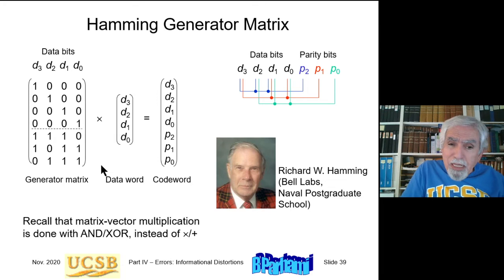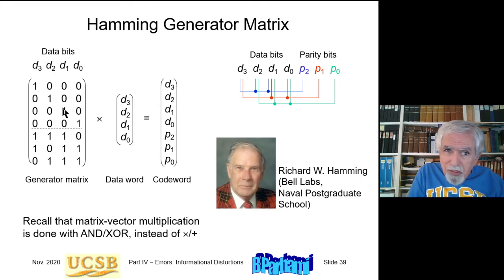A second matrix formulation of Hamming codes is basically a generator matrix. A generator matrix multiplied by a data word gives you the encoded word. This generator matrix has the identity matrix up here. That's because we want the first 4 bits of the code to be the data bits. So 1 times D3 plus 0 times the others gives you D3.